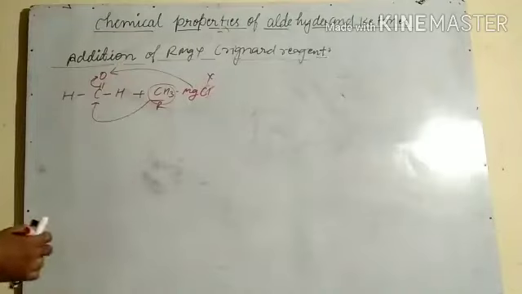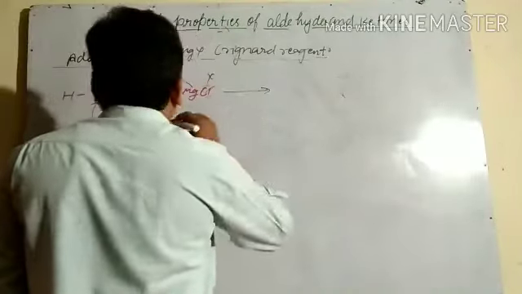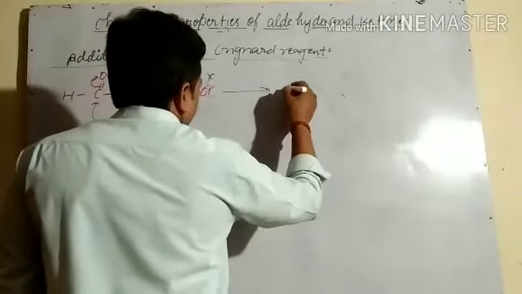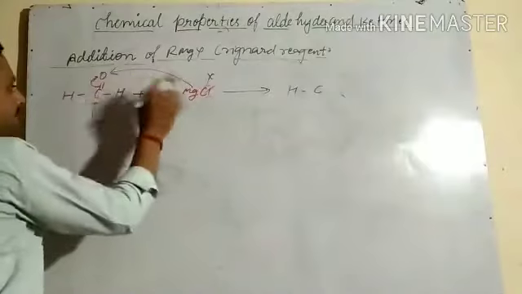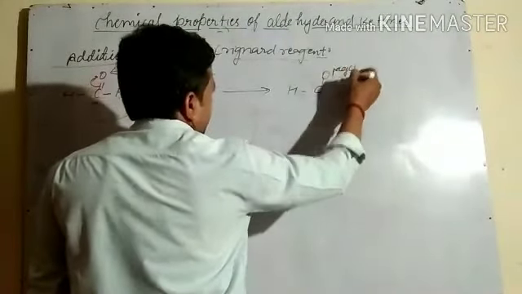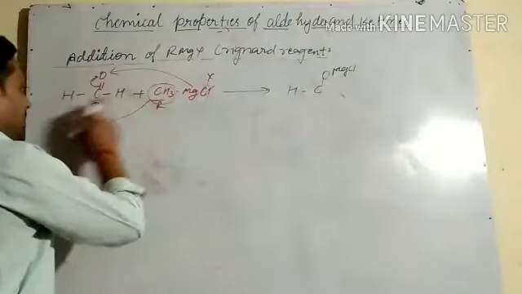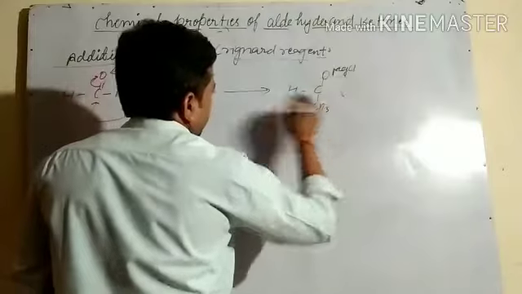So what we get, let us see the first step product. H, what we have added there, OMgCl, and here we will add this. So what will be CH3?